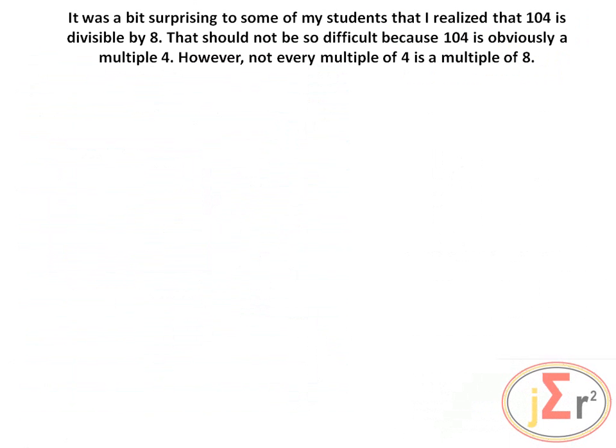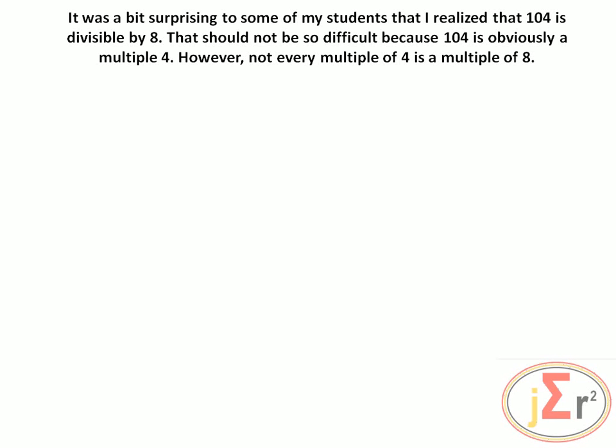It was a bit surprising to some of my students that I realized that 104 is divisible by 8. That should not be so difficult, because 104 is obviously a multiple of 4.